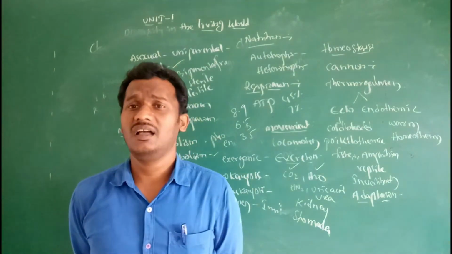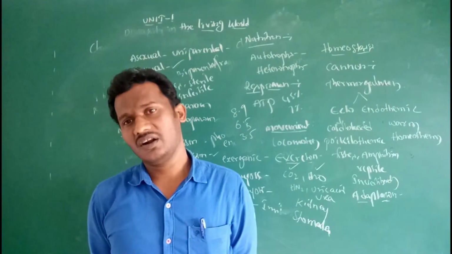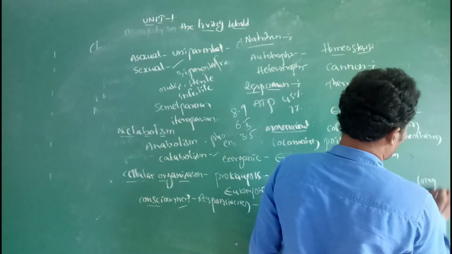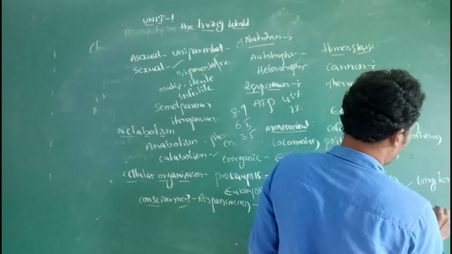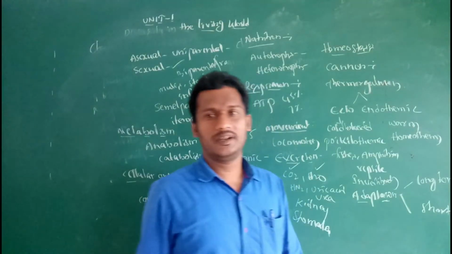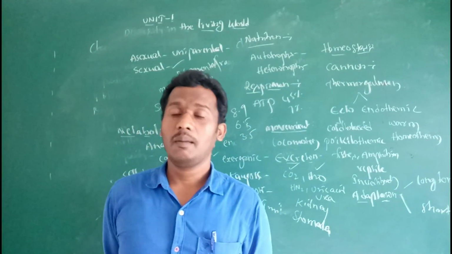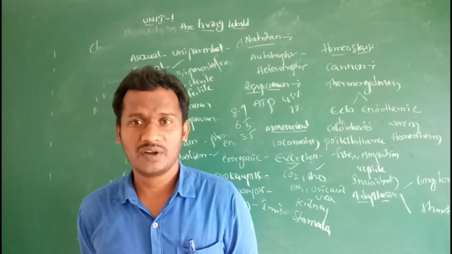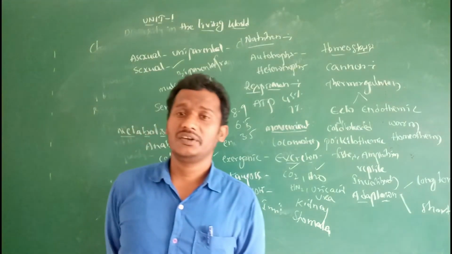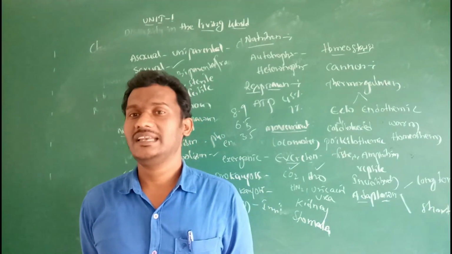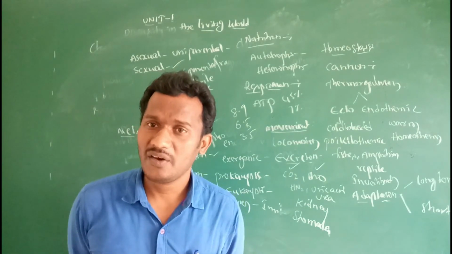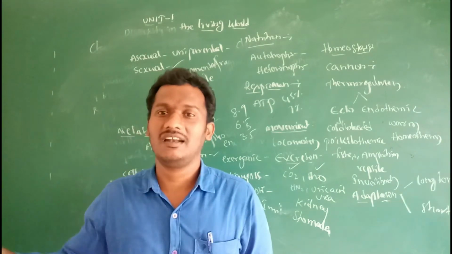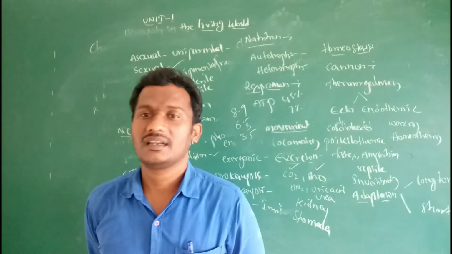Based on this, adaptation is of two types: long-term adaptation and short-term adaptation. In long-term adaptation, permanent changes take place in the structure and function of an organism. This is due to changes in the genetic material of the organism. Due to changes in genetic material, it is inheritable, transferred from one generation to another.